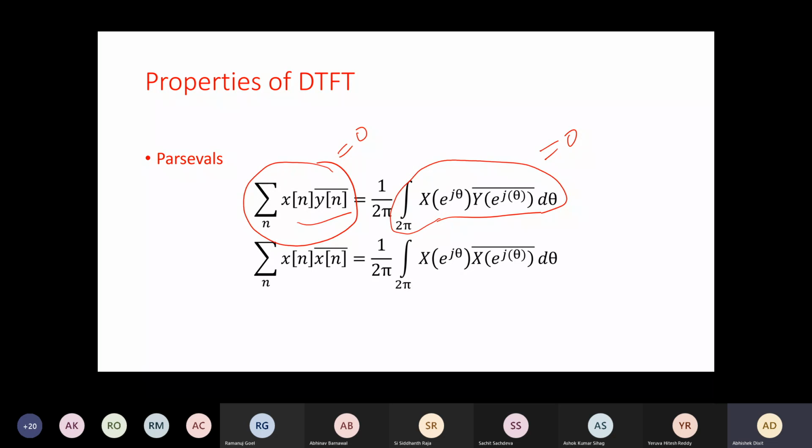Suppose you have a complicated sinc function. Try to think about this. Suppose I have another sinc function, which has its maxima here, something like this. Suppose I ask you to test whether these two signals are orthogonal. It will be a very difficult exercise, near to impossible.